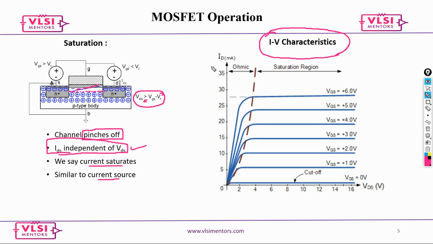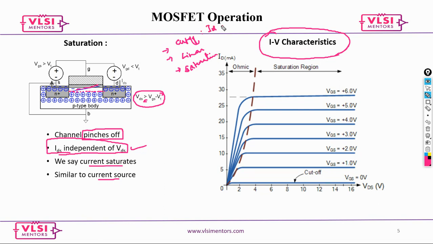Now, whatever we have discussed till now, cutoff, linear, and saturation, these three modes we will try to put in this picture. What is the ID in case of cutoff?